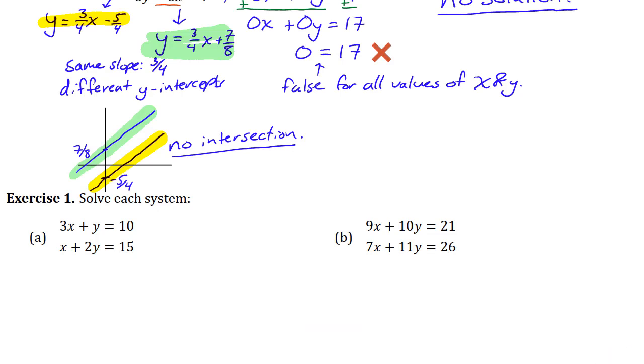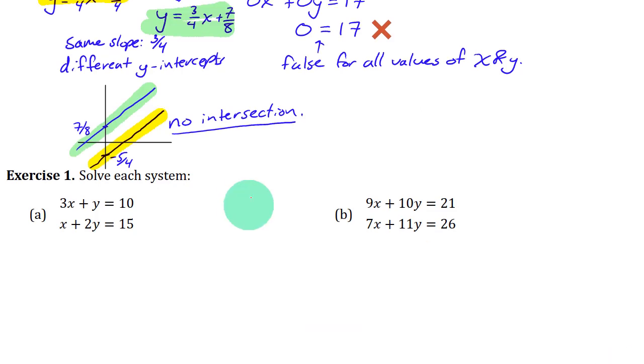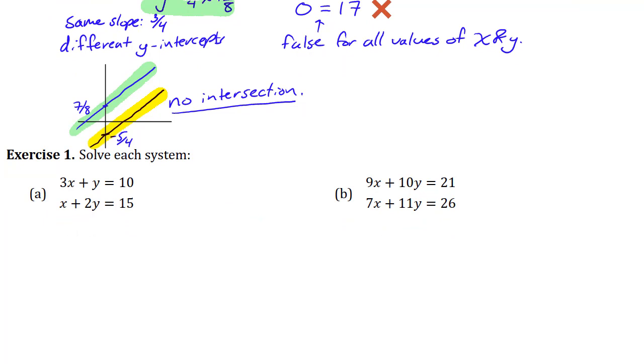So, first of all, with exercise 1, if you want to solve the system, you could either use elimination or substitution. I think it's maybe slightly easier with substitution, but I'm not sure. I'm going to solve for that y by subtracting 3x from both sides. That gives you y equals 10 minus 3x.